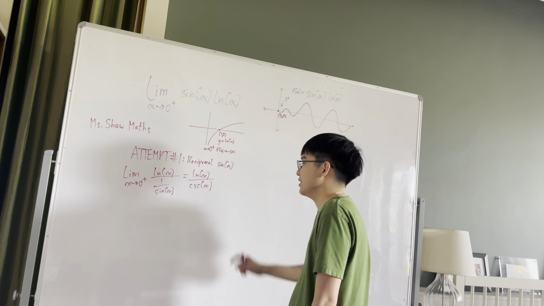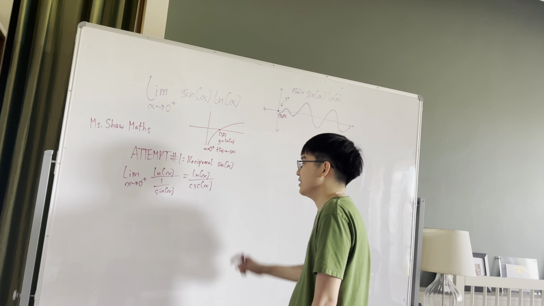Now we go to L'Hopital one time. Take the derivative of this. That's going to be 1 over x. And the derivative of cosecant of x is going to be minus cosecant of x cotangent of x, just from looking at the appendix in a typical calculus book.